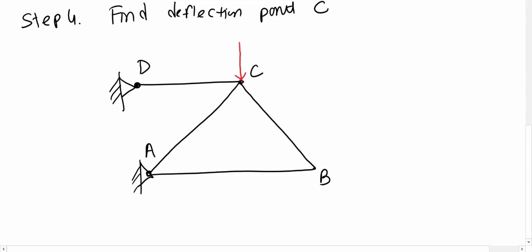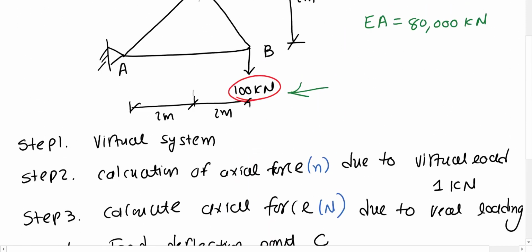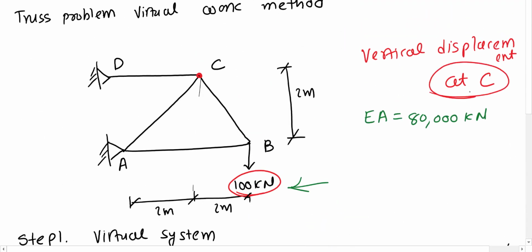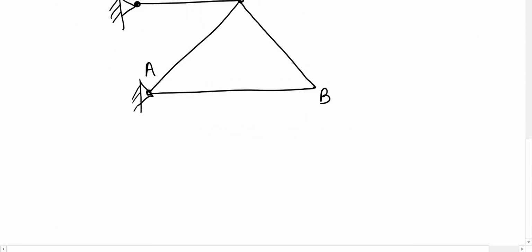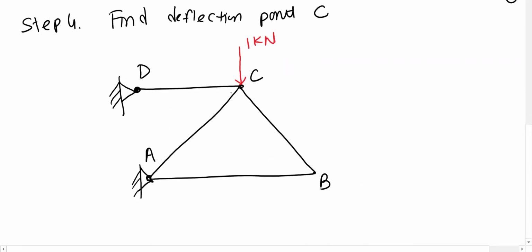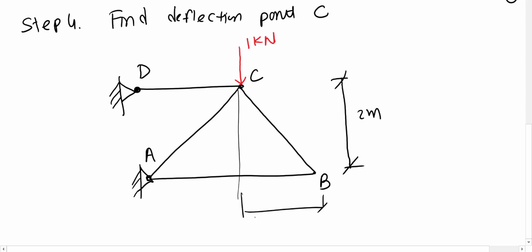Please note, this unit load is applied where we need to find the deflection, in that direction. So in the question it says find the deflection at point C, so we need to apply the virtual load at point C. So that's the first step, we draw the virtual load, and all the measurements are still the same, 2 meters, and we have this distance 2 meters, and this distance is 2 meters.